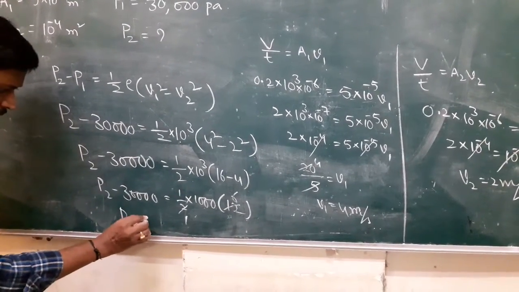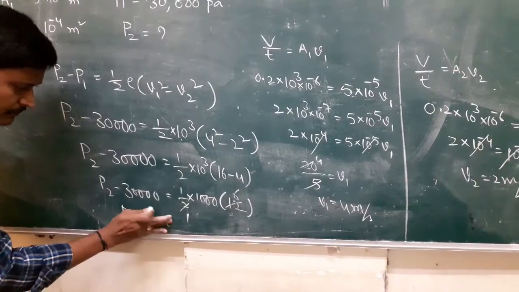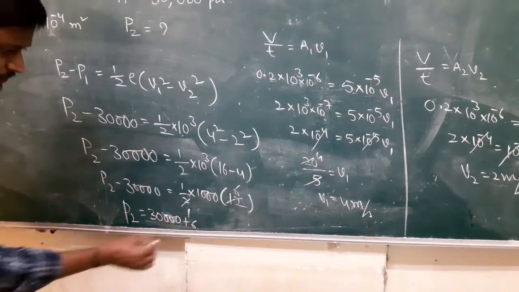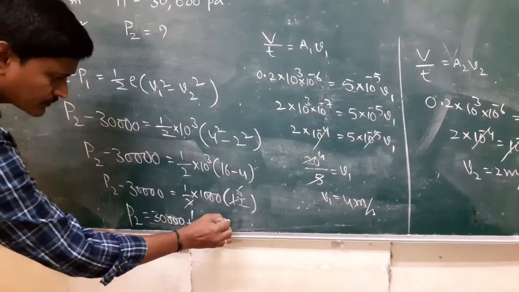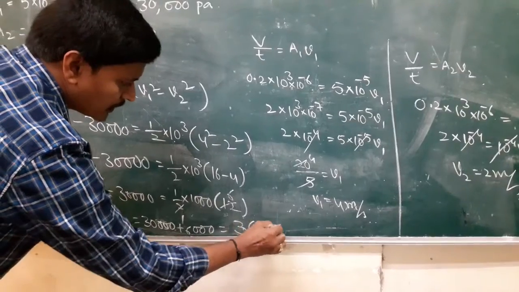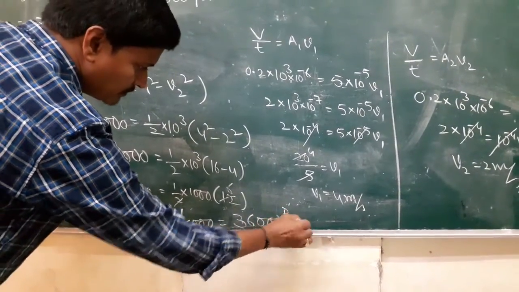P2 is equal to 30,000 plus 6,000, that is equal to 36,000 Pascal.